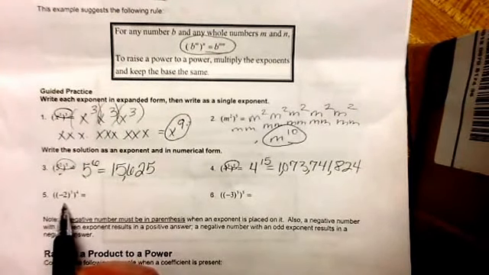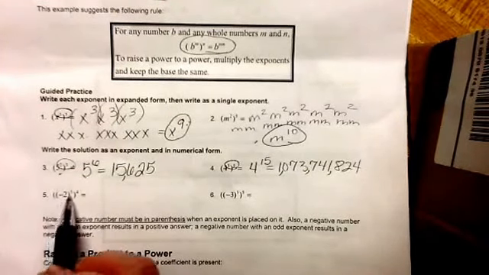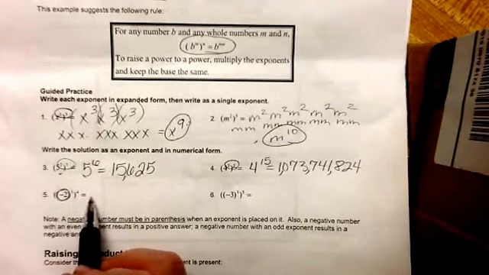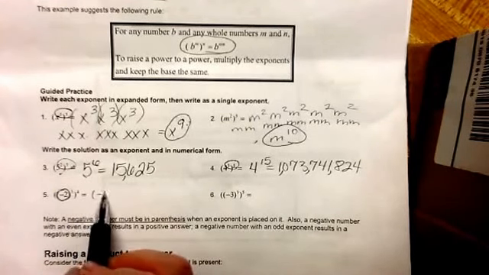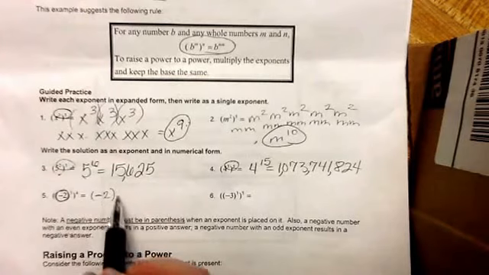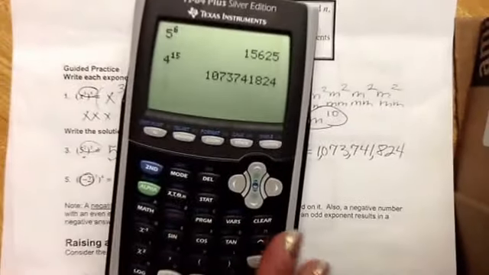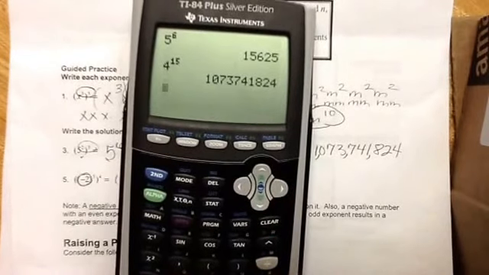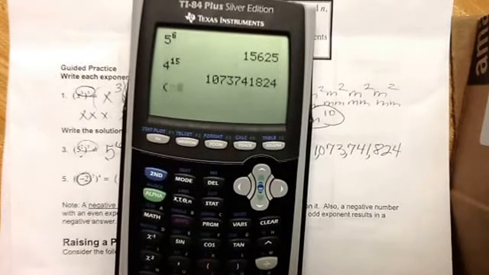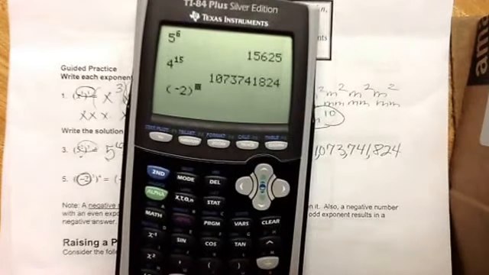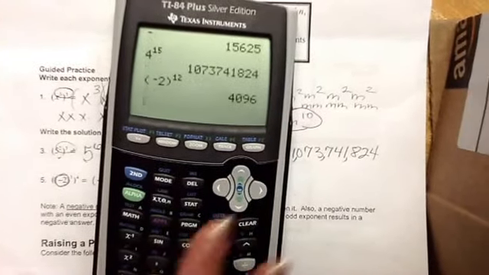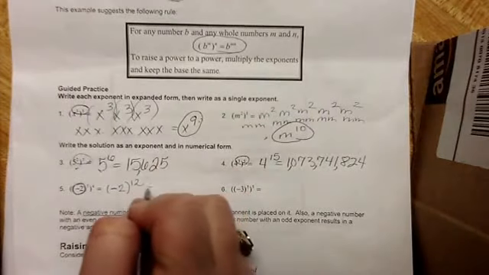Here's the negative again. We talked about this before. This negative has to stay in parentheses. So when we rewrite this, we have a negative 2 to the 12th power. And when you put this in your calculator, it has to have the negative. Parentheses, negative 2, exponent 12, which gives us 4,096.